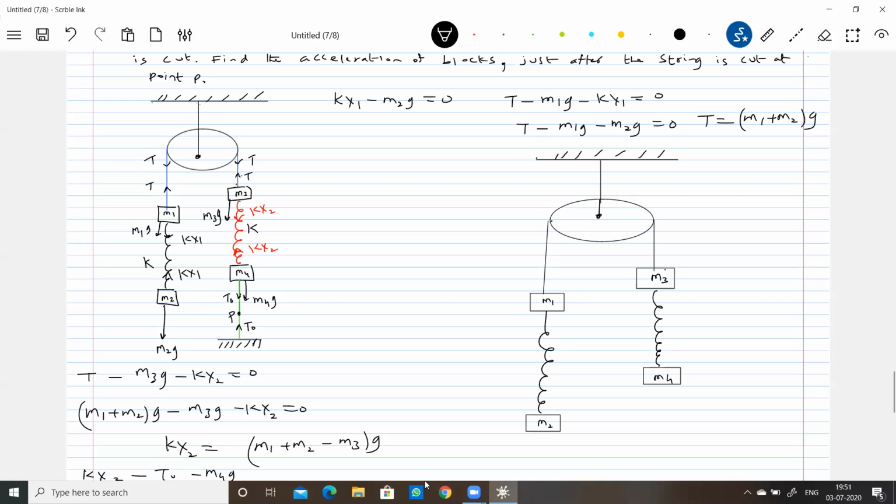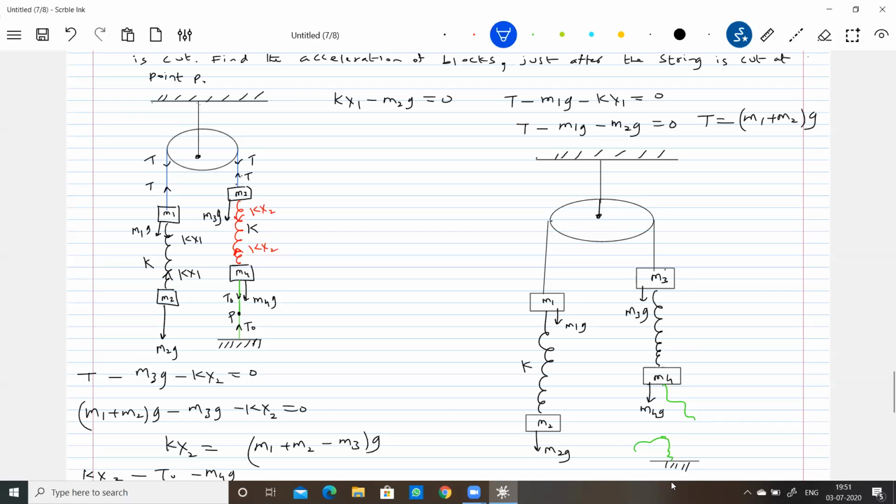Here is the string which I have cut. No, I think the weight of the blocks will continue to act. There won't be problem with the weight of the blocks. Now, what should happen to the spring force Kx1?